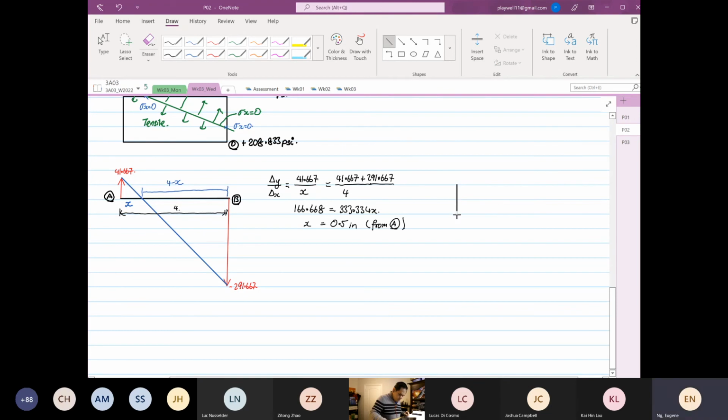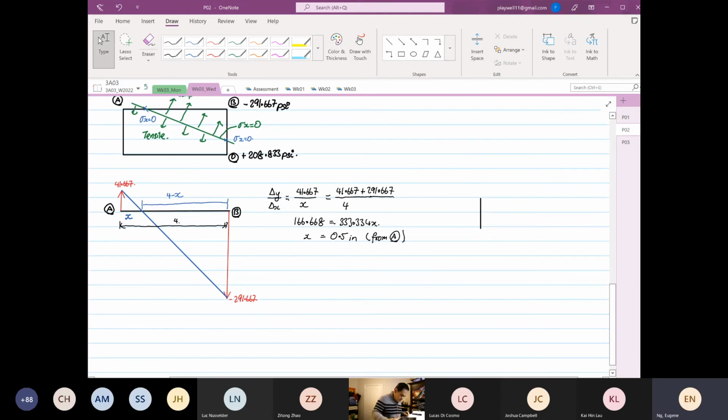Okay, so we have a point down here. So again, this is our point B. Same thing. This is our point B, and this is our point D. So minus 291.667 and 208.833.